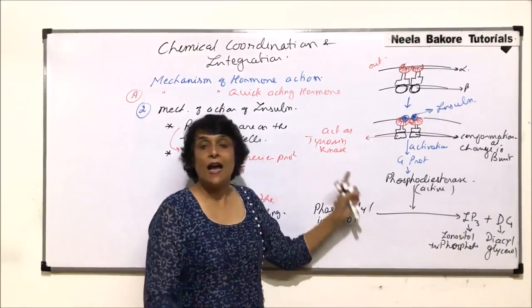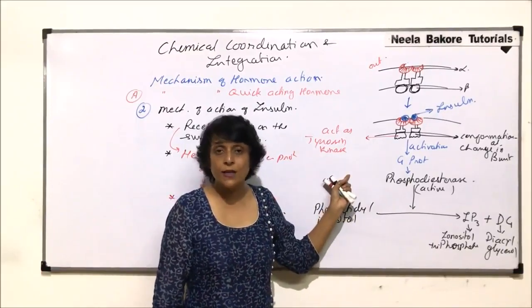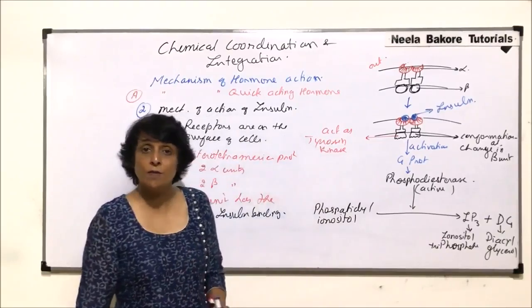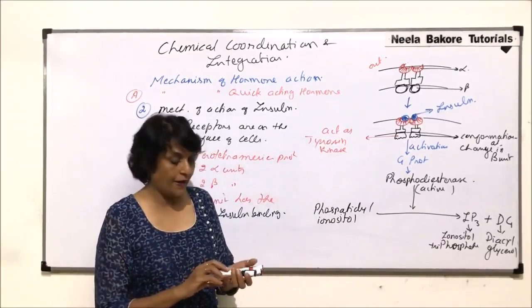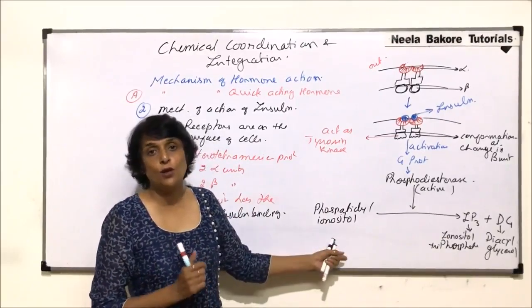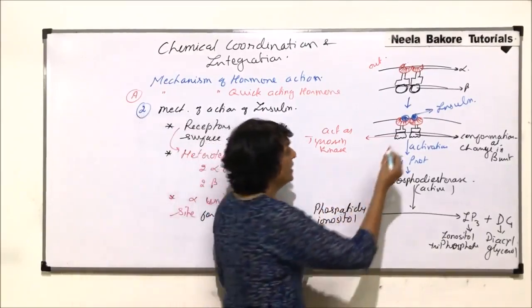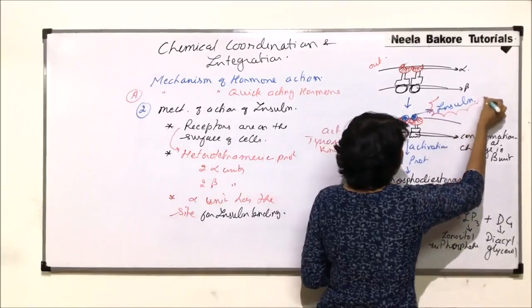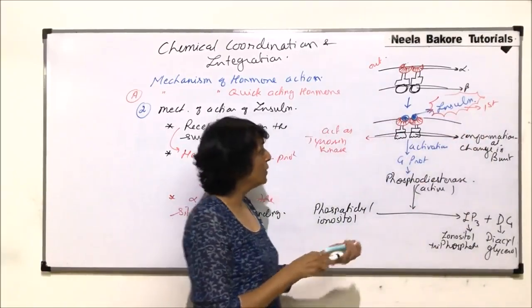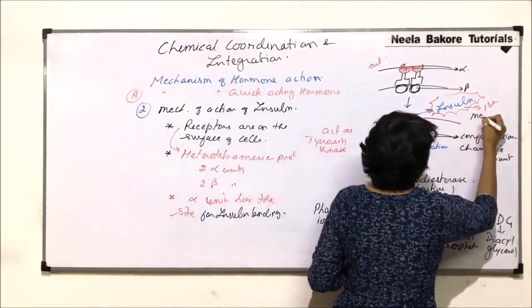Now in this, again, it is a quick acting hormone, and quick acting hormones always work by a second messenger system which has a cascade effect. So here, which one is acting as first messenger and which molecule is acting as a second messenger? Insulin acts as the first messenger.